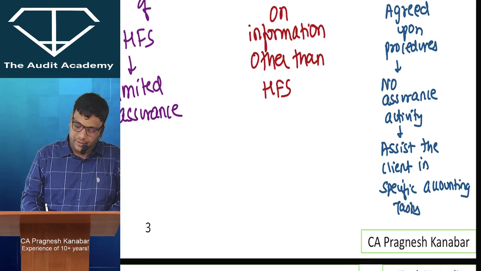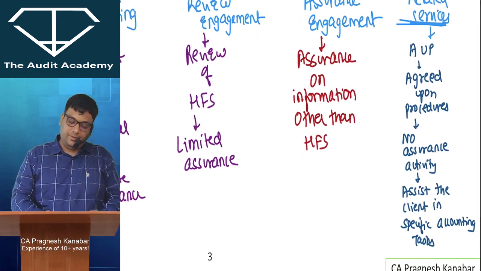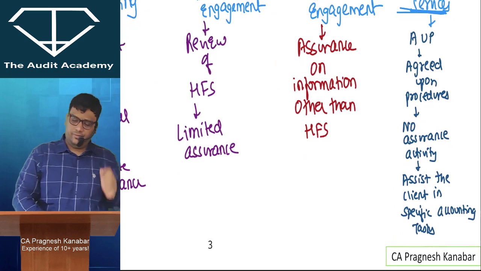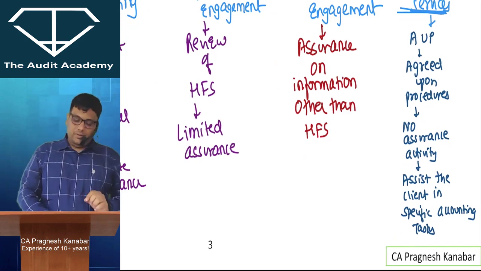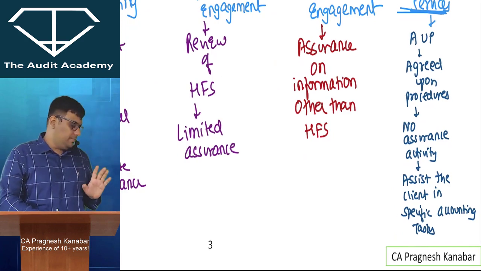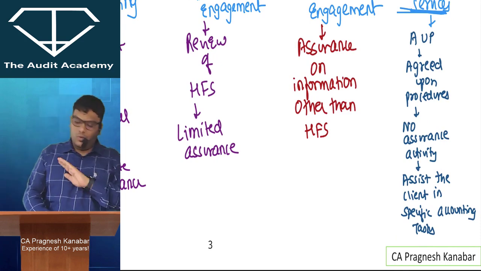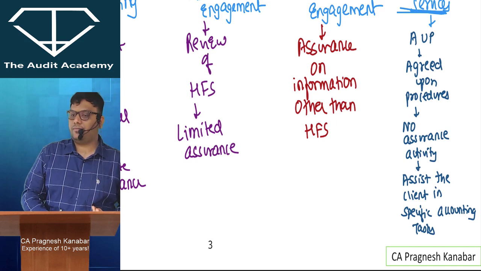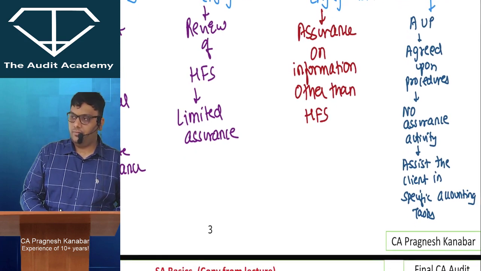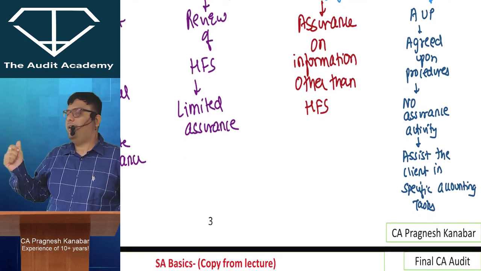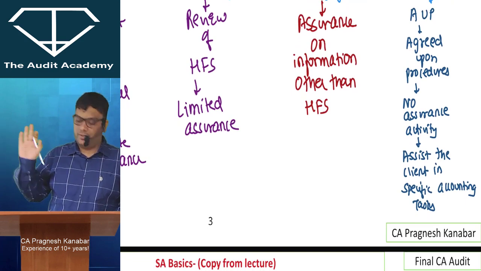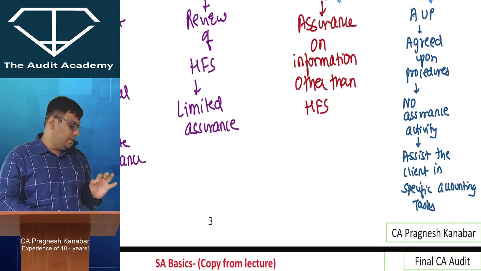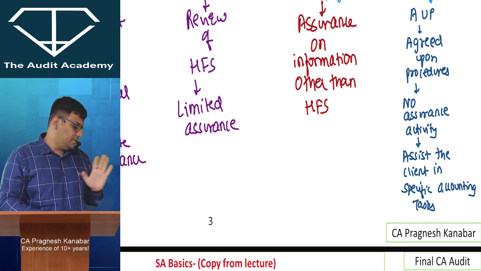I will repeat, don't worry. AUP, agreed upon procedures. No assurance activity. Assist the client in specific accounting tasks.